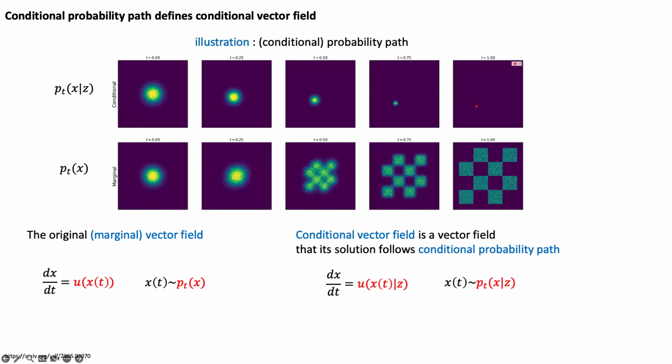That means that under the condition of a certain sample, only some parts of the target distribution could go to that point. So should we have some assumption about that? I think we need to assume that.